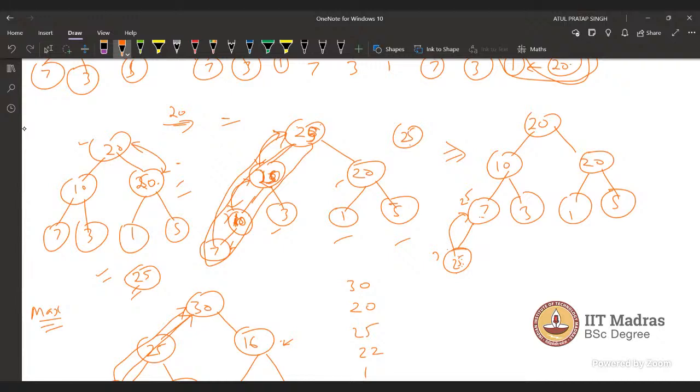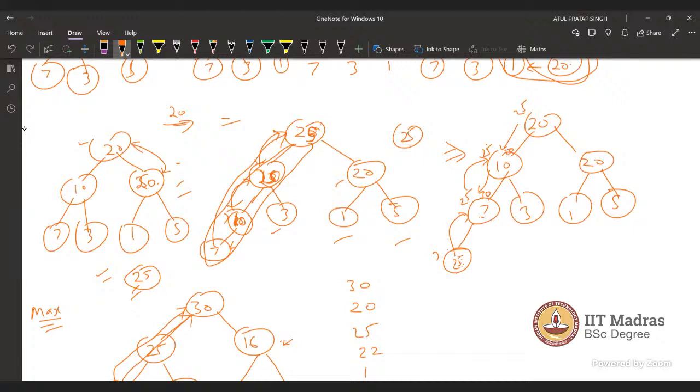It is greater than this 10, so this value comes here and this comes here. Now it becomes 10 and this 25. Now we compare this 25 with 20. It is greater than the parent, so it becomes 25 and it becomes 20.